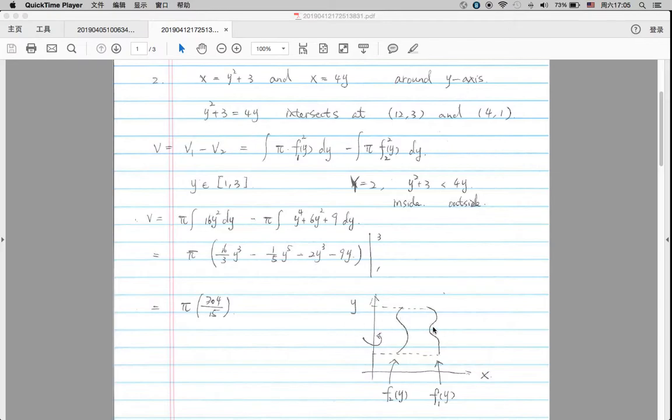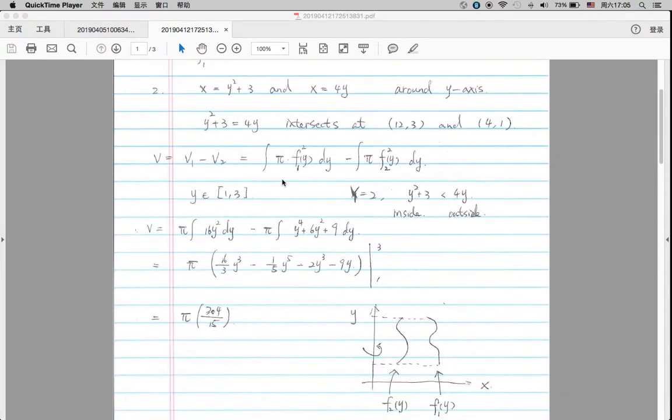So you can think of this outside line revolving 360 degrees, and then removing the volume that is equal to the inside line revolving 360 degrees around the y-axis.